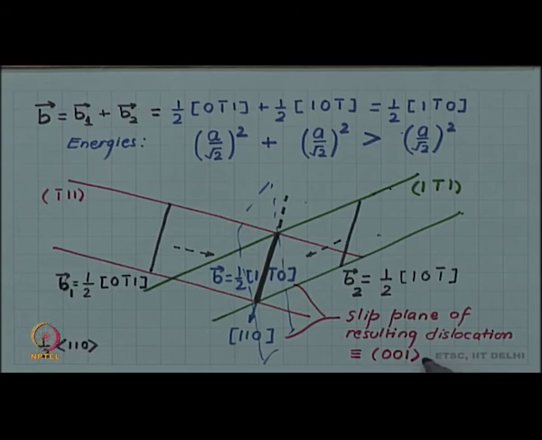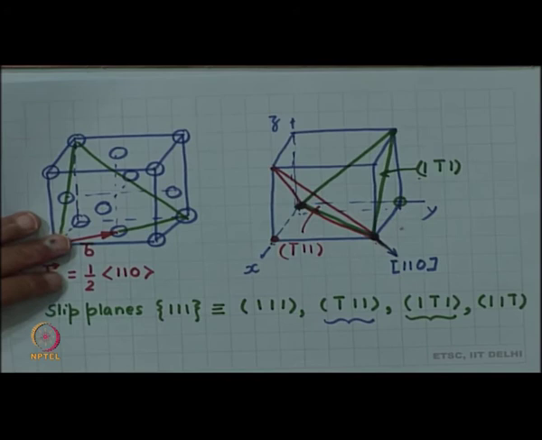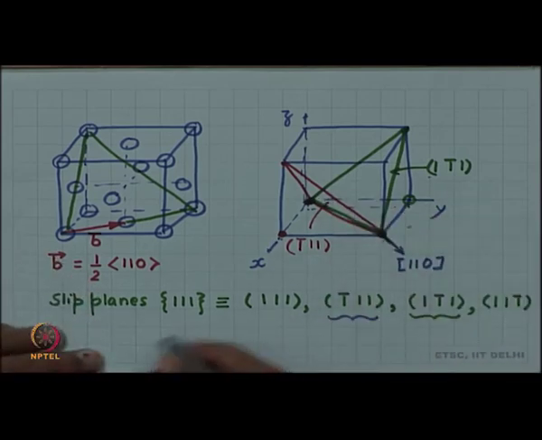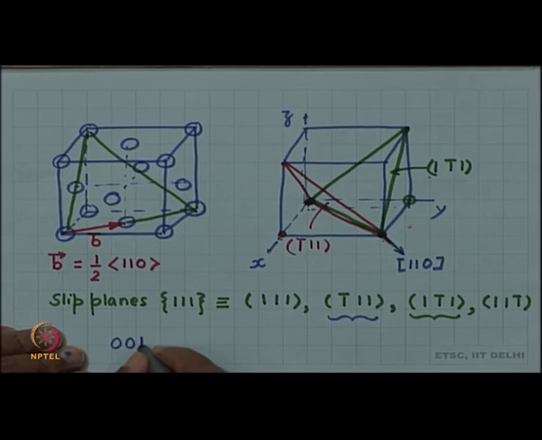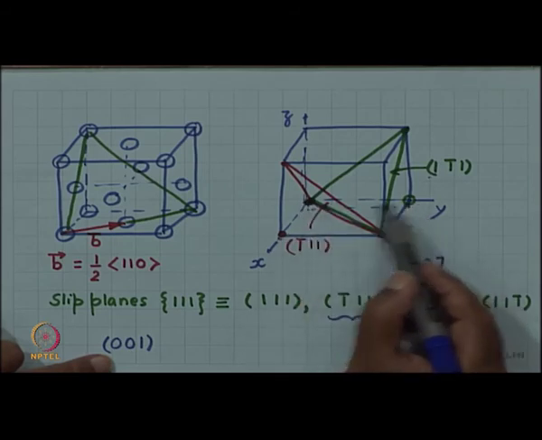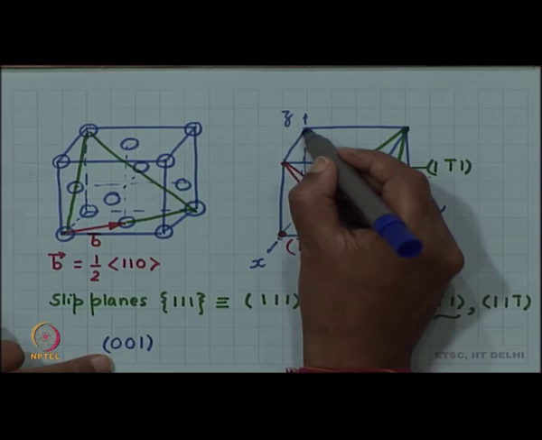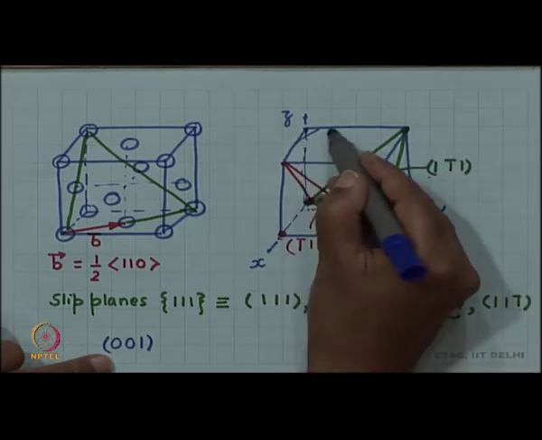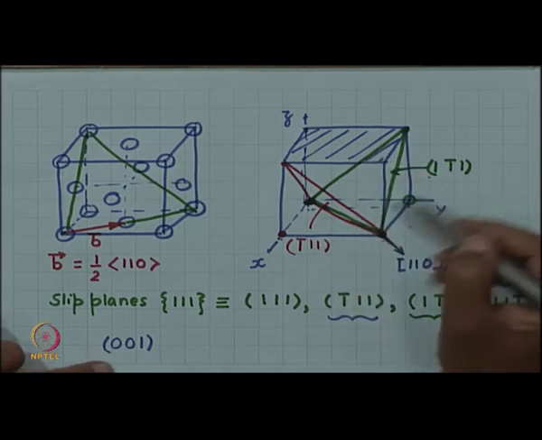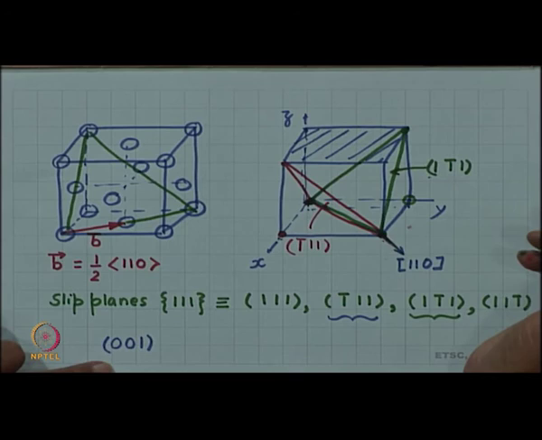But that is disturbing. 0 0 1 is not the slip plane family for FCC. So, let us find out the 0 0 1 here. 0 0 1 will be parallel to the x axis, parallel to the y axis, and will intersect the z axis at 1. So, it is this kind of plane which is the 0 0 1, the face of the cube. Now, the face of the cube is not a slip plane.